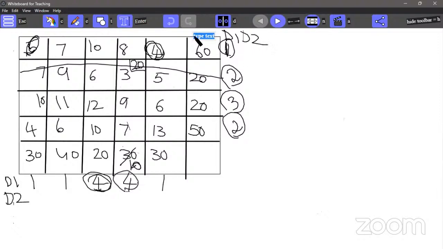Difference 2. In the first row, what is the difference? Again, least cost, next least cost: 1. Next row, it's not applicable. Okay, put a dash here. Third row, 3. Fourth row, 2. Now, first column.